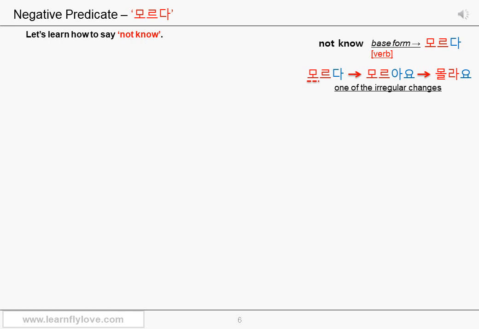And the letter ㅡ combines with the ㅏ sound of 아요. There's no combination of the ㅡ vowel and the ㅏ vowel in the Korean alphabet. Thus, the weaker sound vowel disappears. So it becomes 몰라요, 몰라요. 모르아요 is totally wrong.